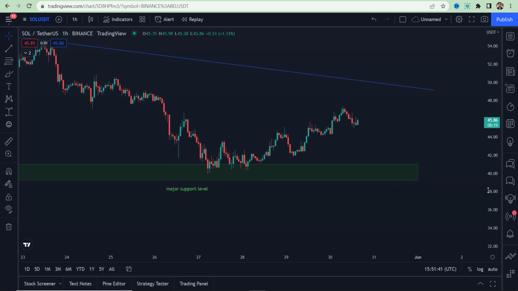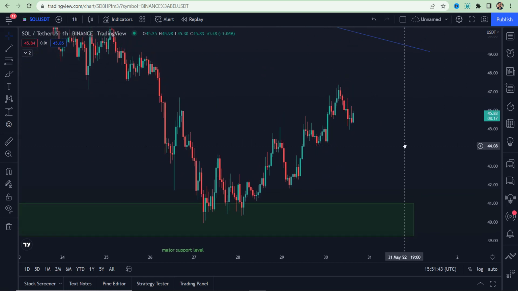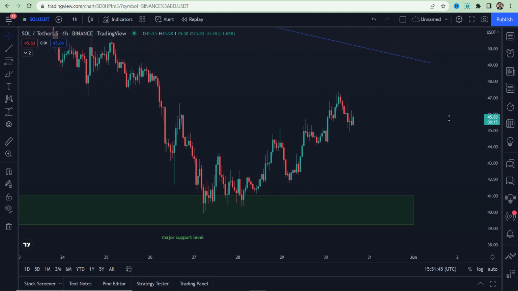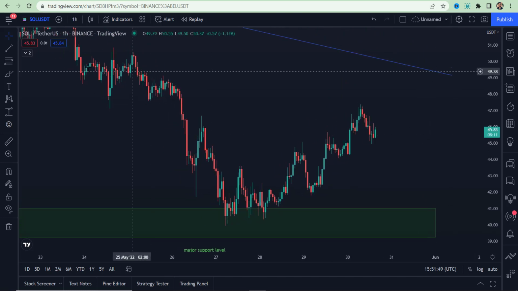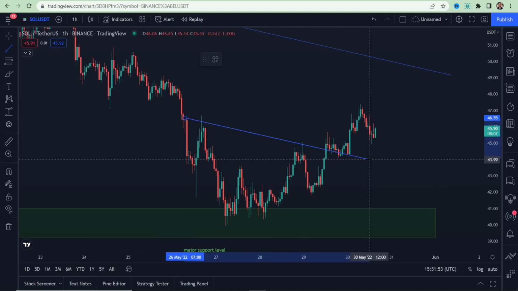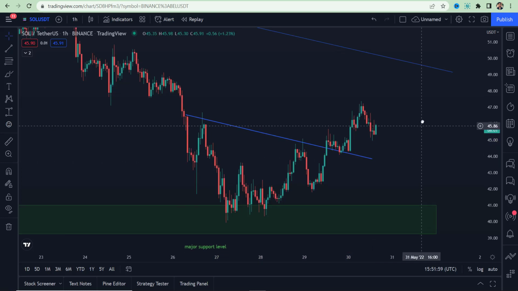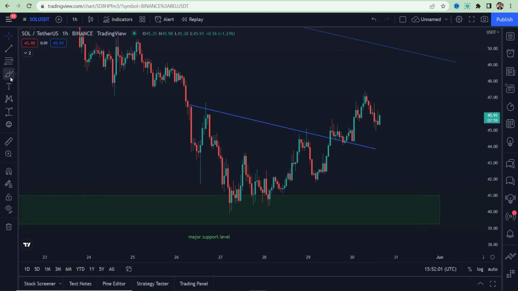So what do we have here? Okay, so I told you about this pattern that was forming in Solana. That was an inverse head and shoulders pattern. You see that this pattern broke out exactly as I predicted yesterday.